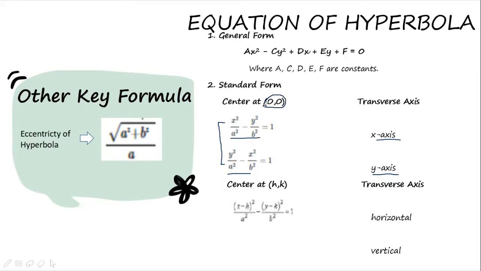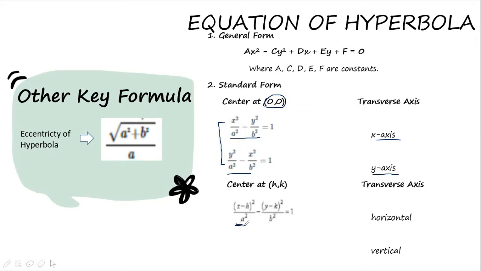Okay? Now let's proceed to the center at h, k. Meaning it can be located at quadrant 1, 2, 3, or 4. The first equation is x minus h squared over a squared minus y minus k squared over b squared equals 1.